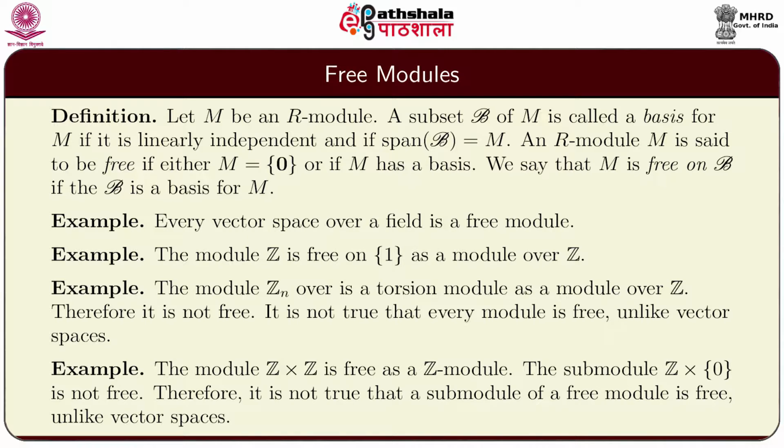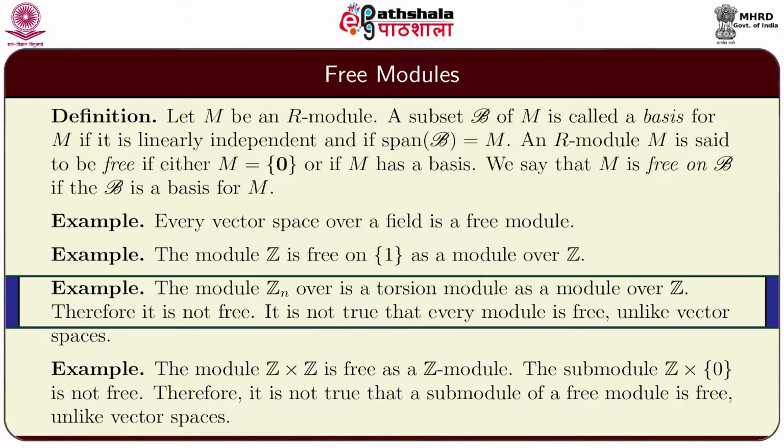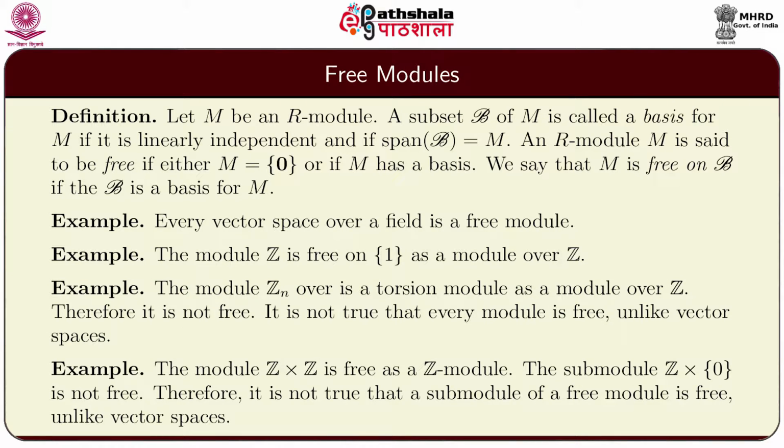That means singleton 1 is a basis for the Z module Z. Example, the module Zn over Z is a torsion module and therefore it cannot be free, because we cannot have a linearly independent subset, and it is not true therefore that every module is free, unlike vector spaces.